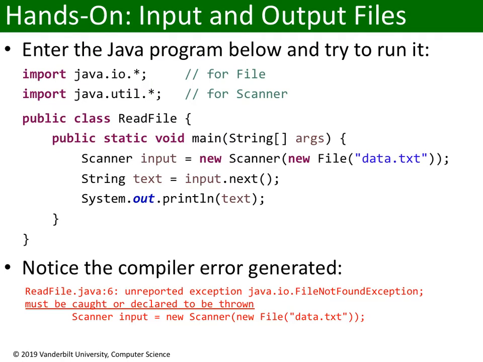So instead of handling that exception, we are also going to throw the exception up to the entity above our main. So this would be the JVM. So instead of handling the exception, we are going to add the keyword throws and exception to tell Java that we are going to hand this exception up to the Java virtual machine rather than handling it ourselves.